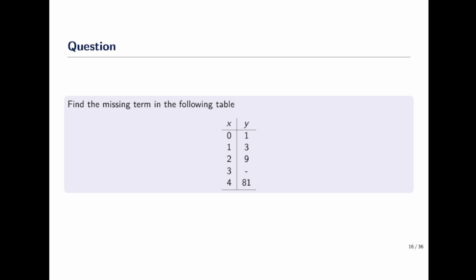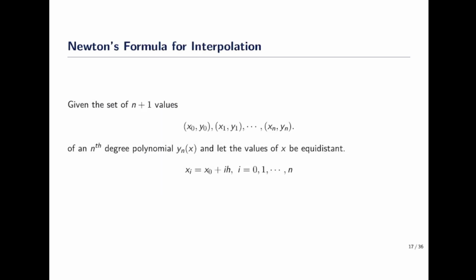Now we will go to Newton's forward interpolation formula. In the previous video, we discussed that interpolation is the process of finding a polynomial function such that it agrees with a function for which certain values are given.